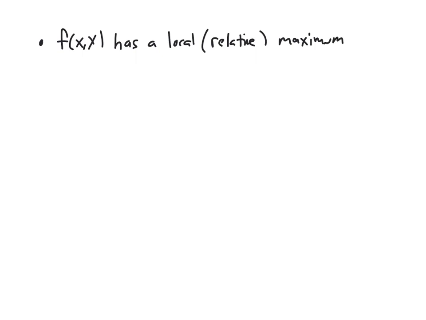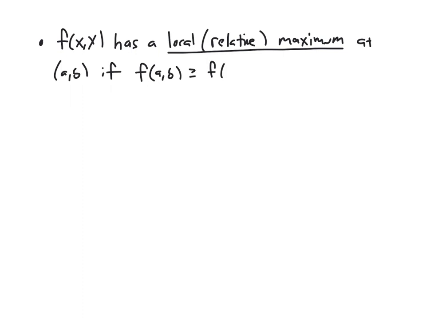So we also will say that this function f of x, y has a local or relative maximum at the point (a, b) if f of a, b is greater than or equal to f of x, y for all (x, y) in some region around point (a, b).